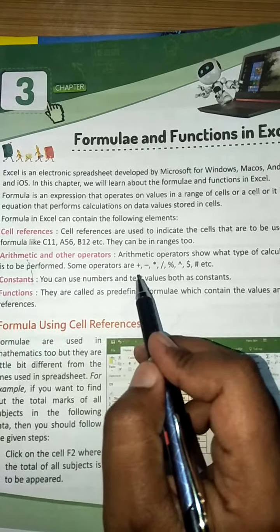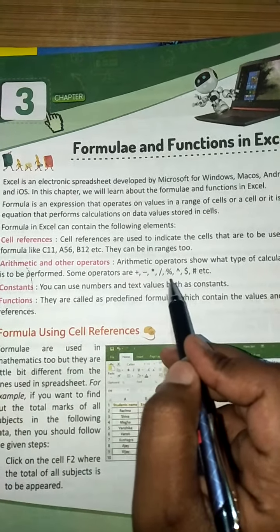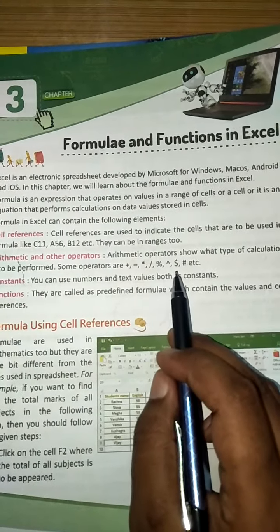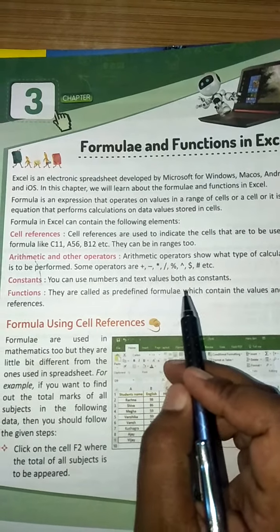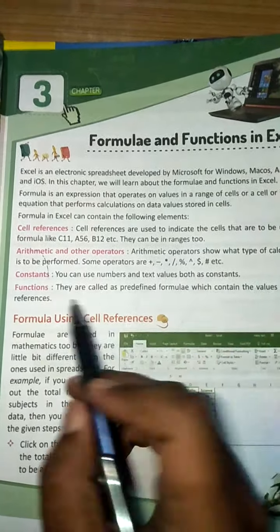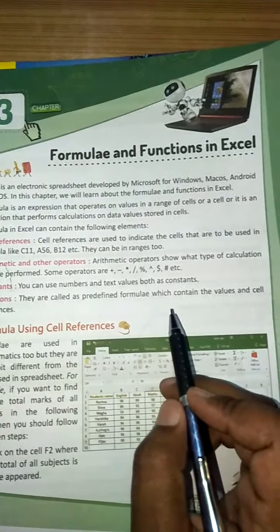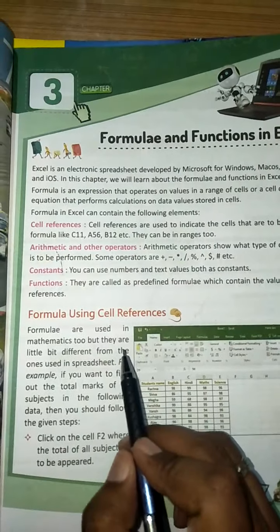Some operators are plus, minus, star, slash, percentage, cap, dollar, hash, etc. Constants. You can use numbers and text values both as constants. Functions. They are called predefined formulae which contain the values and cell references.